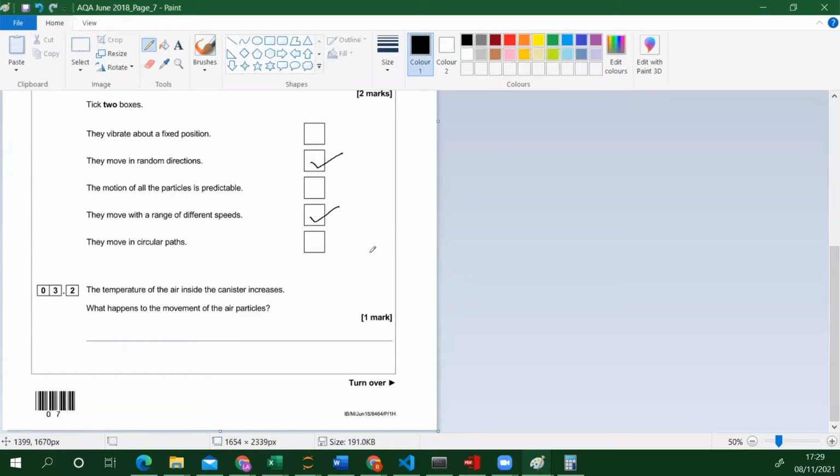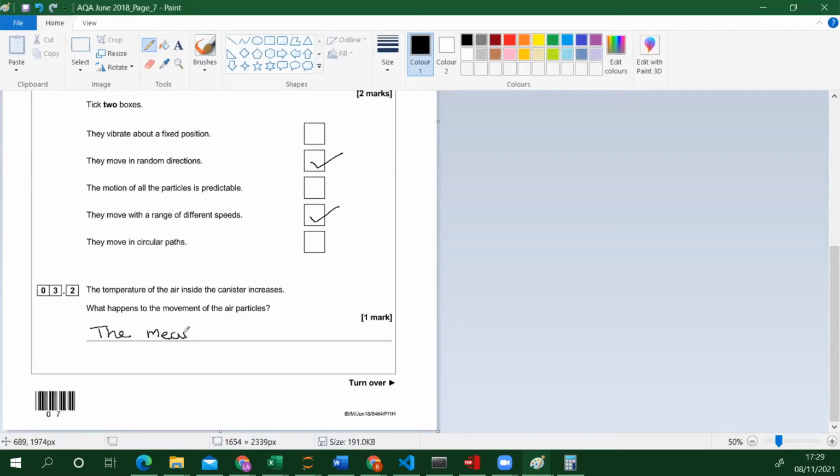The temperature of the air inside the canister increases. What happens to the movement of the air particles? If the temperature of anything increases, the speed increases, because temperature is really a measurement of speed of the particles. To be a bit more precise, the average or the mean.